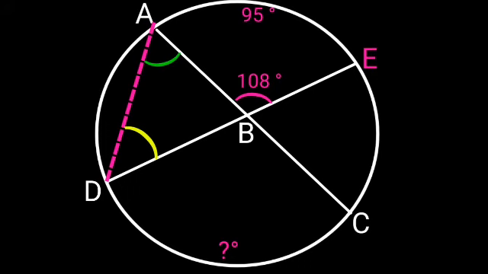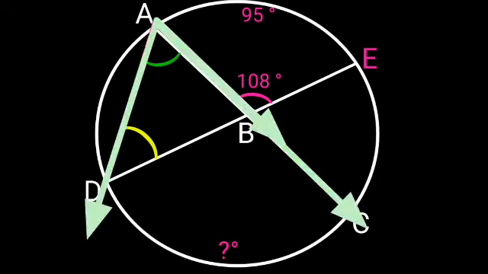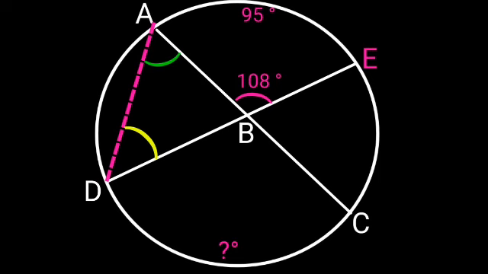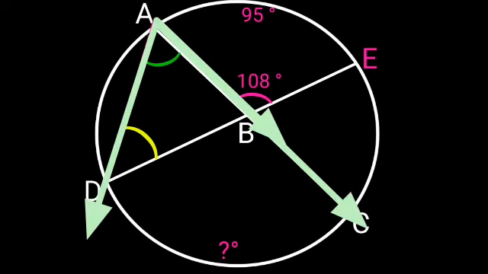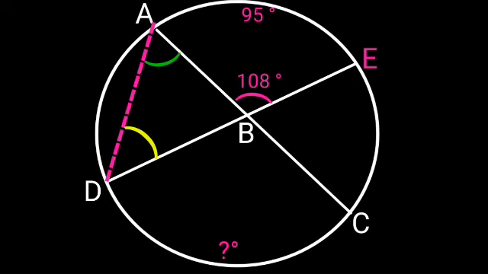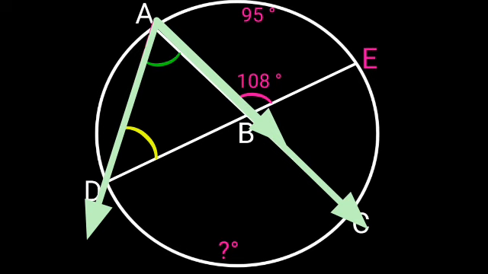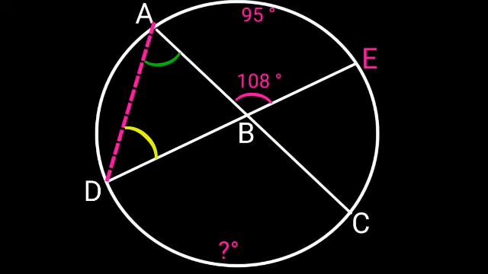Thus we find angle DAB, that is read as angle DAC. If we know this angle, then we can find arc DC by the inscribed angle theorem.